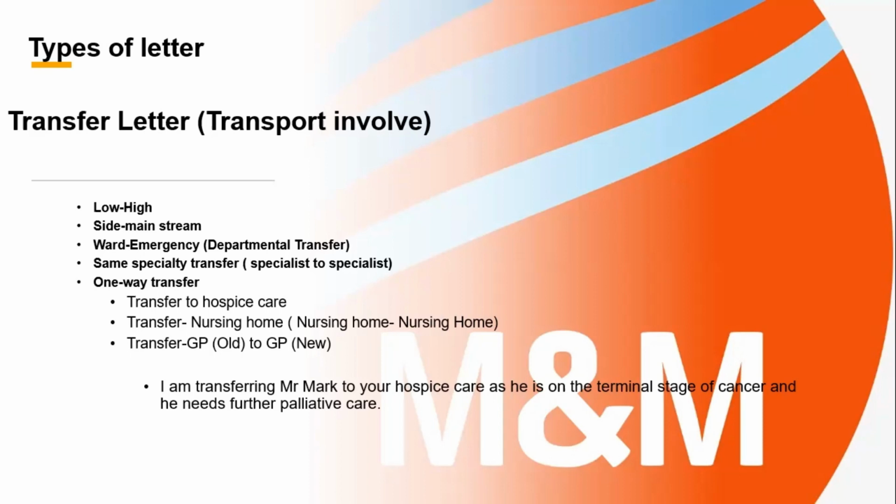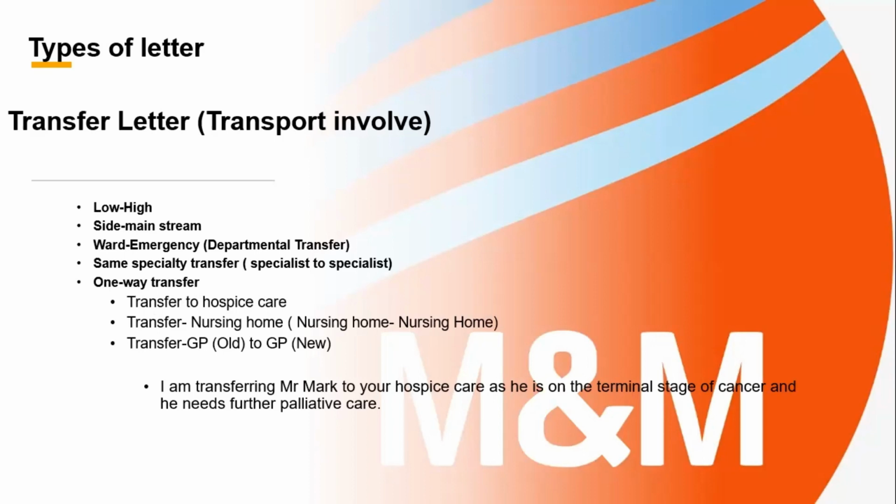In this format, you have to take the concept that a one-way transfer means there is no coming back, such as hospice care or palliative care, or from one GP to another GP, where the old GP is writing to the new GP.